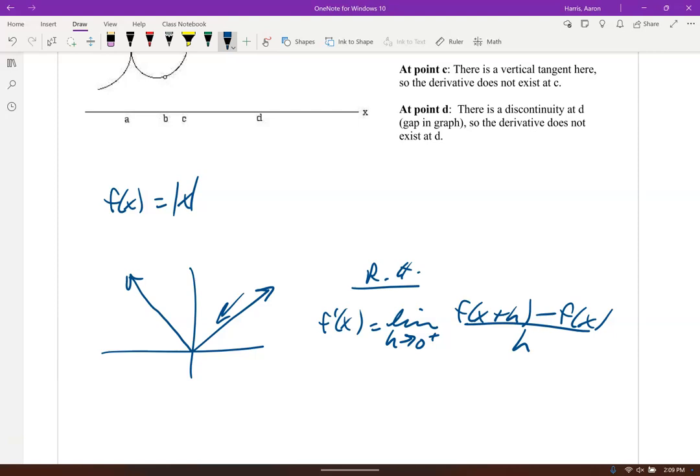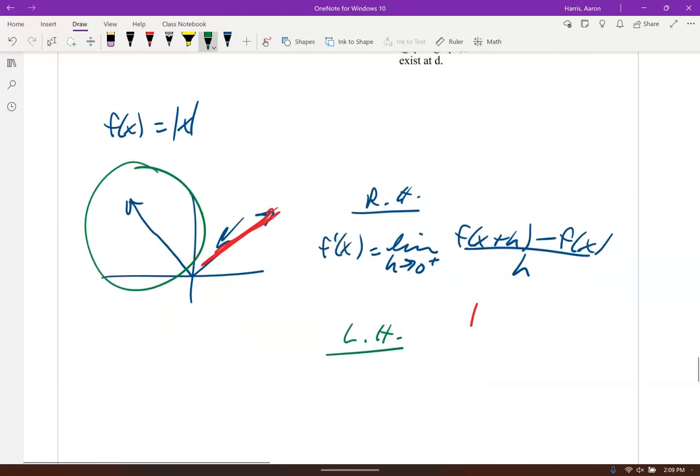And you would end up with, well, what's this slope? 1, right? You'd end up with a slope of 1. If you did it on the left-hand side, what would your slope be? It'd be negative 1, that's right.